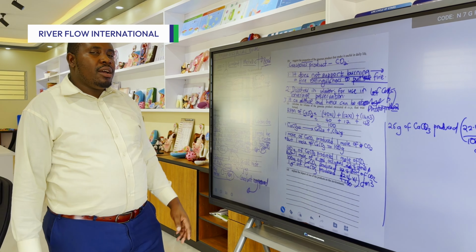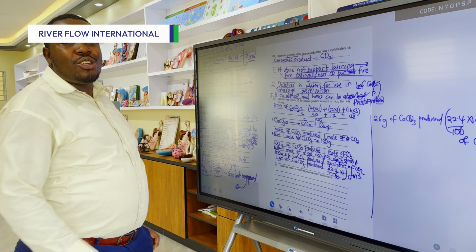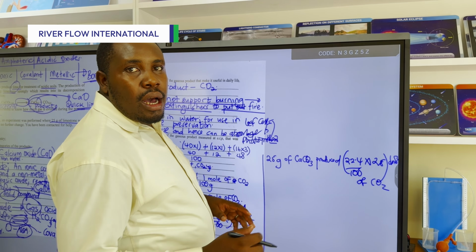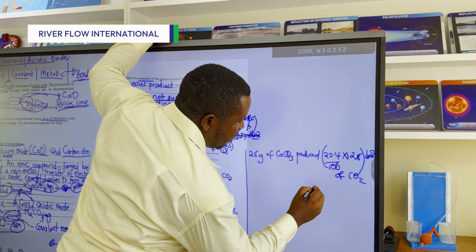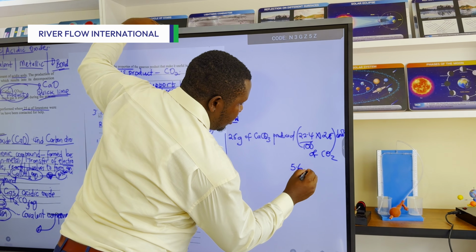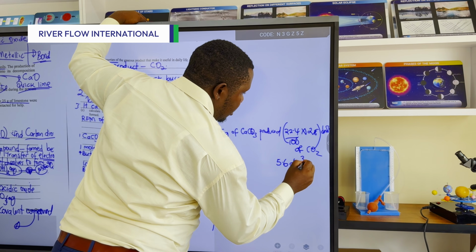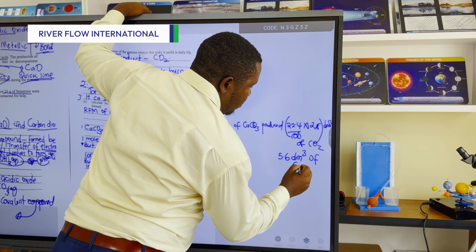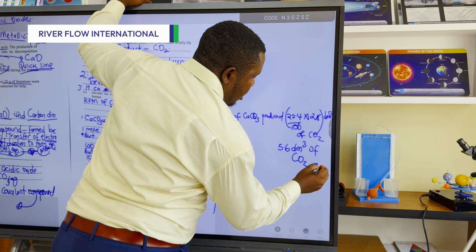Then after calculating you get your 5.6 decimeters cubed of carbon dioxide gas.